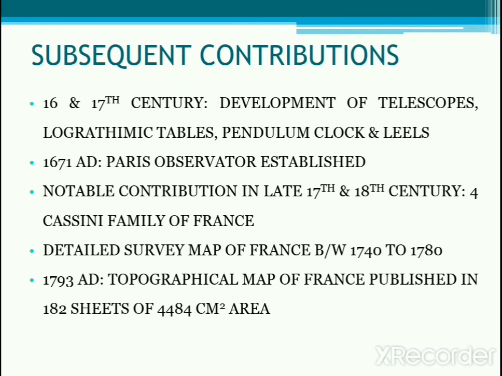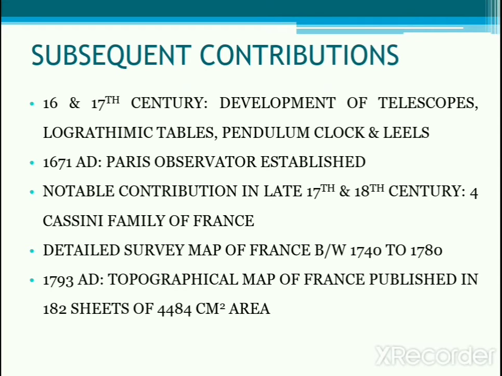A notable contribution in the field of cartography during the late 17th and 18th century was made by the four generations of the Cassini family. The Cassini map was the first comprehensive detailed map of France, compiled after a survey carried out between the 1740s to 1780s.